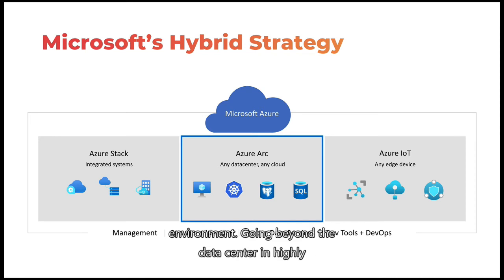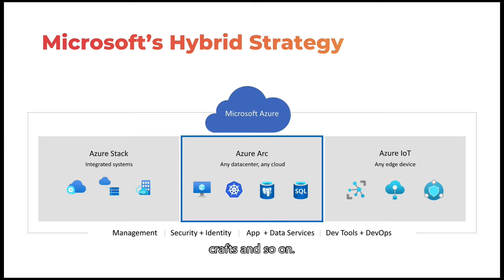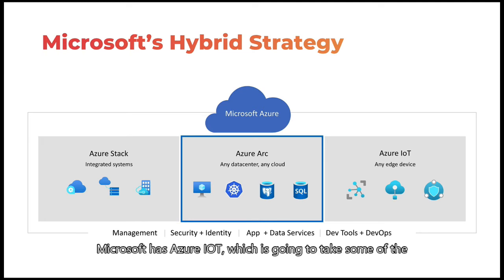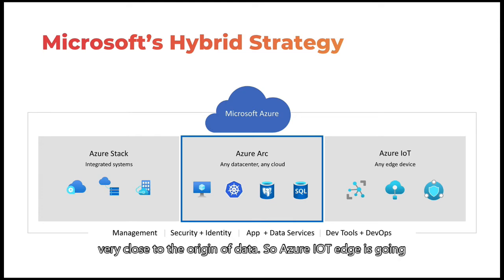Going beyond the data center, in highly constrained environments like large trucks, ships, vessels, aircraft, and so on, Microsoft has Azure IoT, which takes some of the capabilities of Azure, particularly the Azure IoT Hub, Azure Stream Analytics, and SQL Server for Edge, and runs them very close to the origin of data.